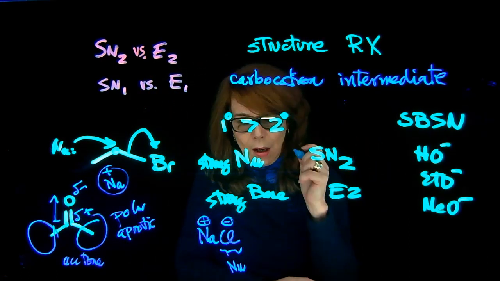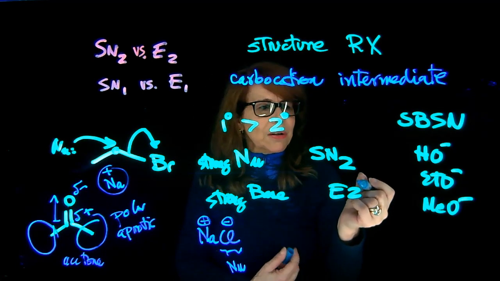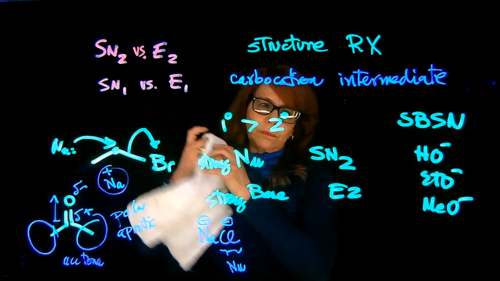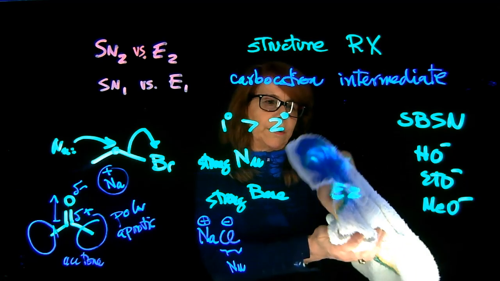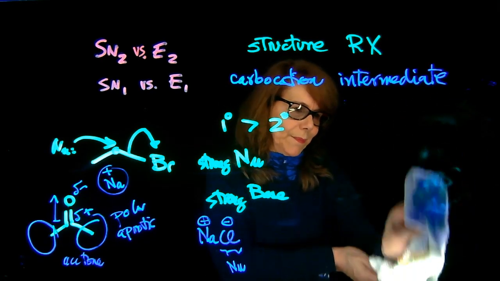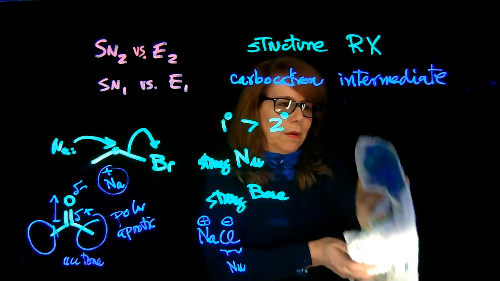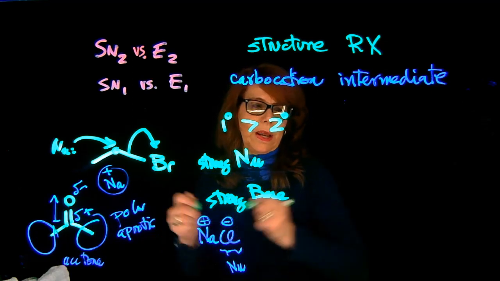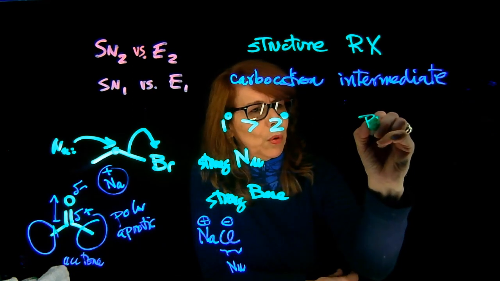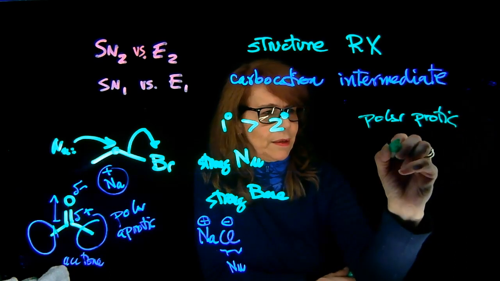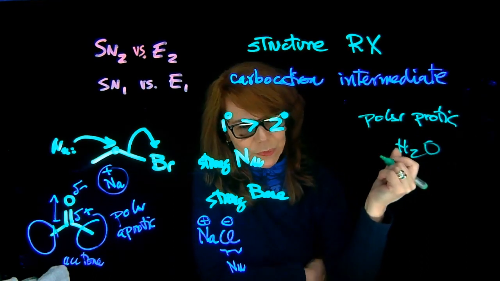Now let's say that instead I'm going to erase this one here and change the solvent. Let's analyze what happens if I try to do that reaction with a polar protic solvent. Here I'm going to grab water.